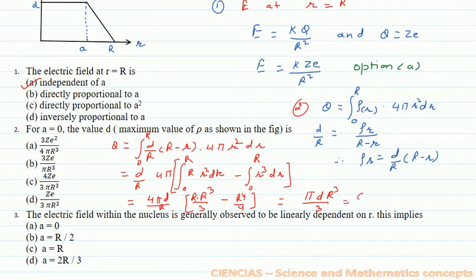This is equal to Q, and Q is equal to Ze. Therefore, pi D R cube upon 3 is equal to Ze.